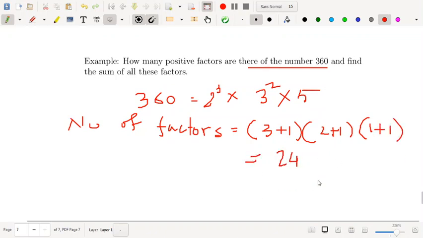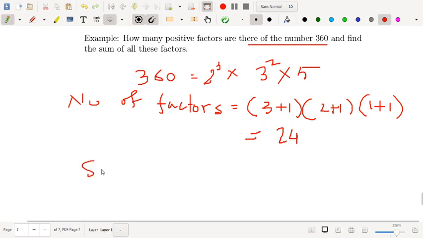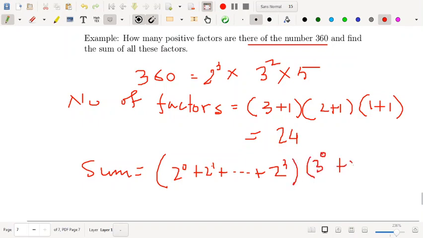And the sum of these factors will be 2 to the power 0, 2 to the power 1, plus etc. up to 2 cube, and 3 to the power 0, 3 to the power 1, 3 to the power 2, into 5 to the power 0 plus 5 to the power 1.